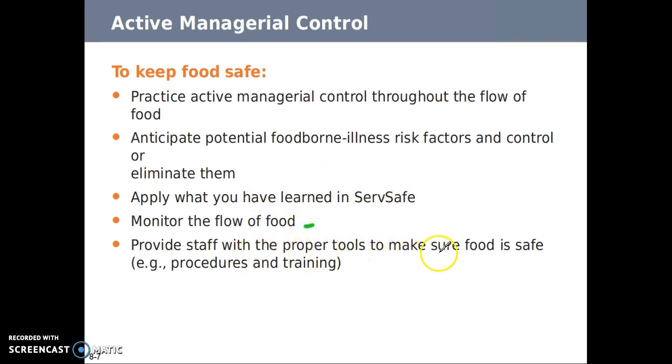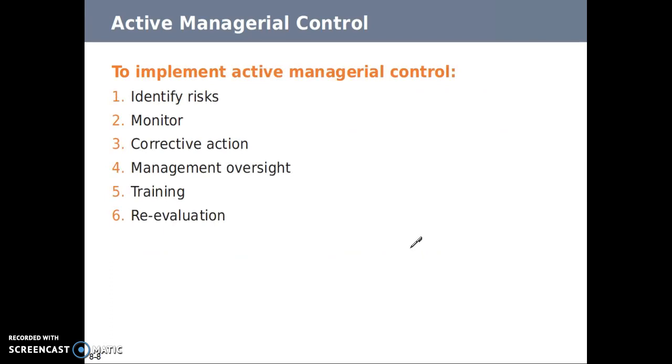Provide staff with proper tools to make sure food is safe. Procedures and training. To implement active managerial control, you identify risk, you monitor, you have a corrective action for those that don't go right, management oversight at all times, training for every single employee and retraining, and evaluation and reevaluation of your employees.